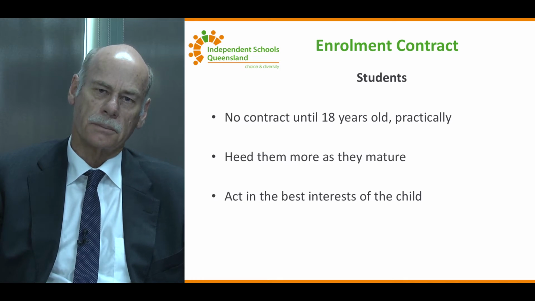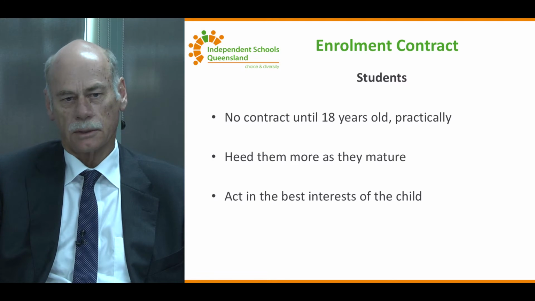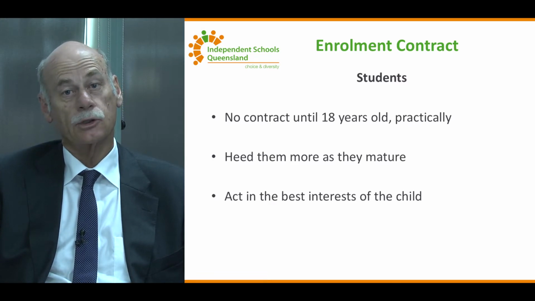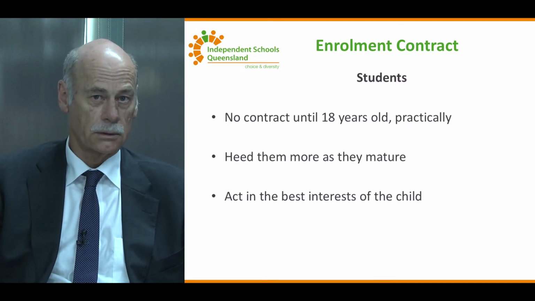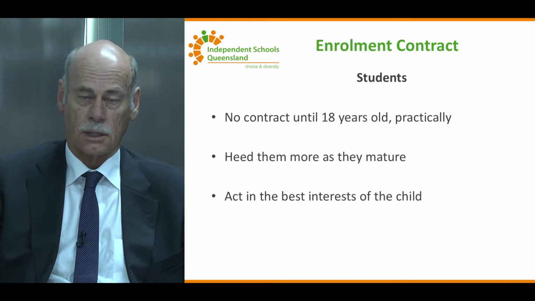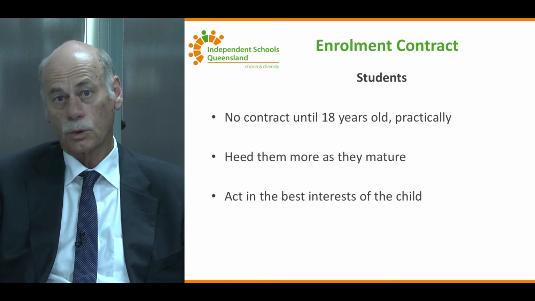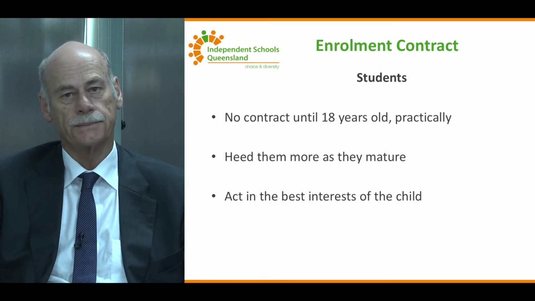Different children develop at different stages, and the need to consult them will depend on the level of their maturity, the nature of the decision to be made, the relationship with the parents and so on. So it's a very subjective thing. But essentially, as the child grows and matures while they're in your school, you'll need to take more and more heed of them until in grade 12, some of them will be quite capable of making decisions for themselves.